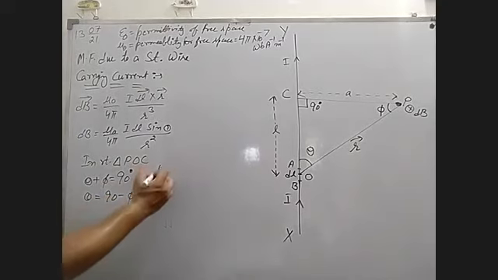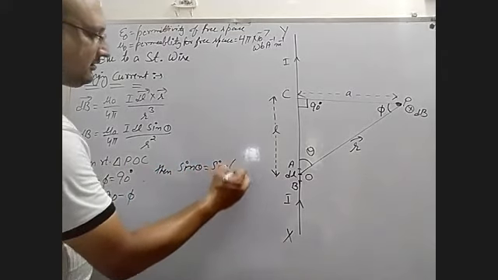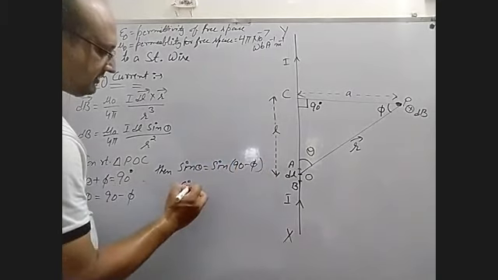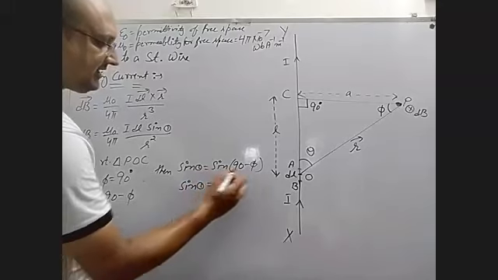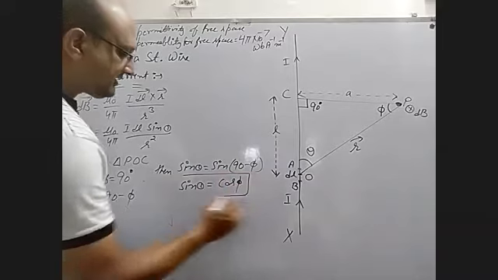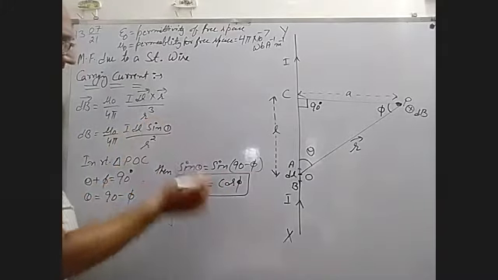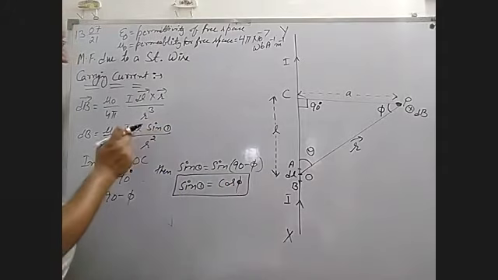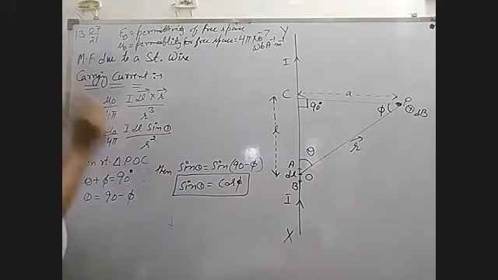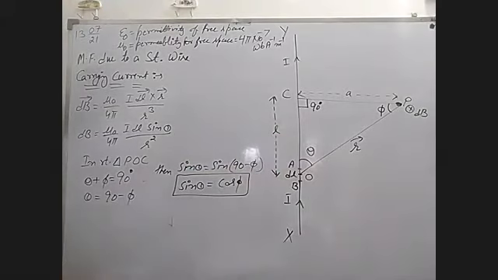Then sine theta can be written as sine of 90 minus phi, which is cos phi. Note this, because I am taking the value of sine theta in terms of phi, dl and r. Three values I want to take from this figure. So this is the value of sine theta.